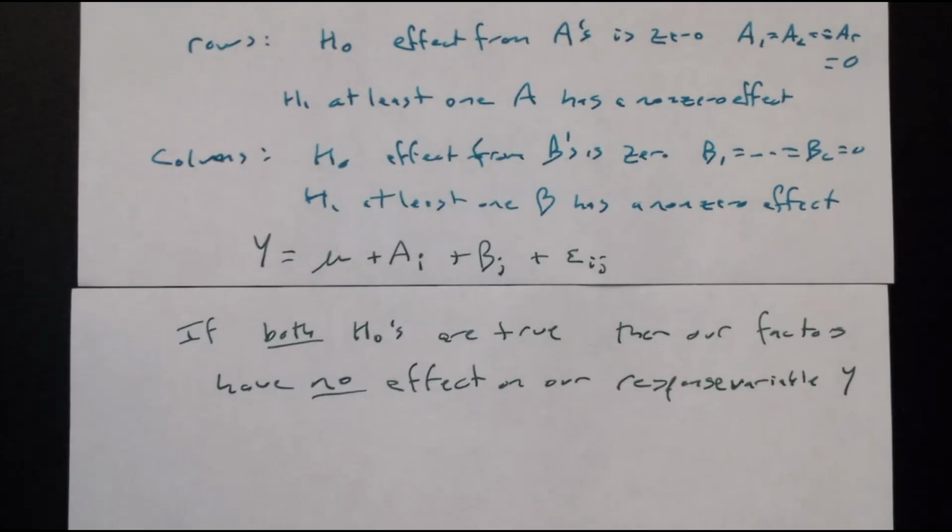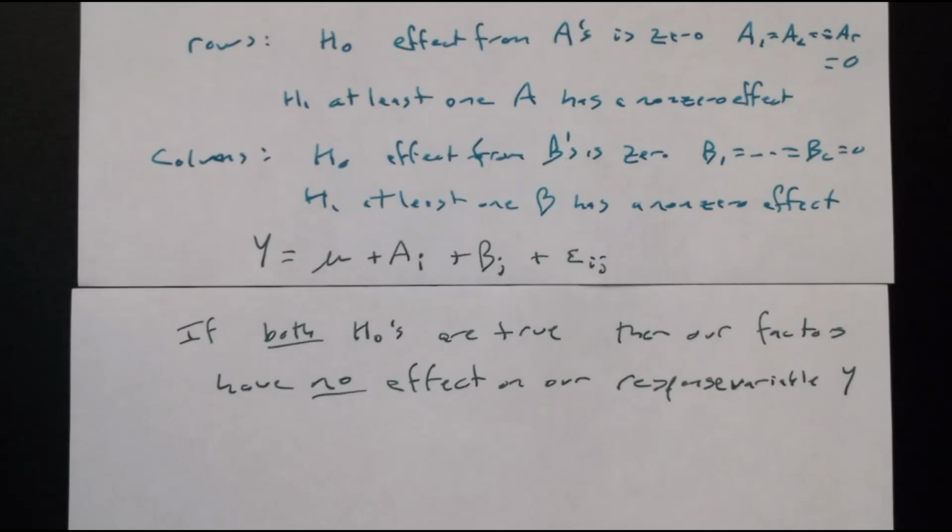Question? So, in order to not reject H0, they have both to be true. I can do each set of hypotheses separately from each other.